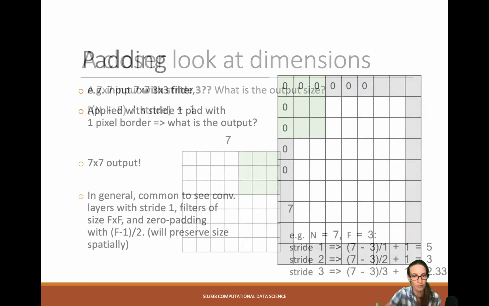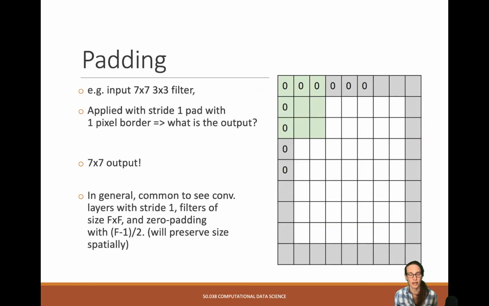Luckily, there is a simple way to deal with this. We can just add some padding, or 0 padding, around our image, and if we add 1 padding row all around the image, we can now have a nicely integer output dimension size.